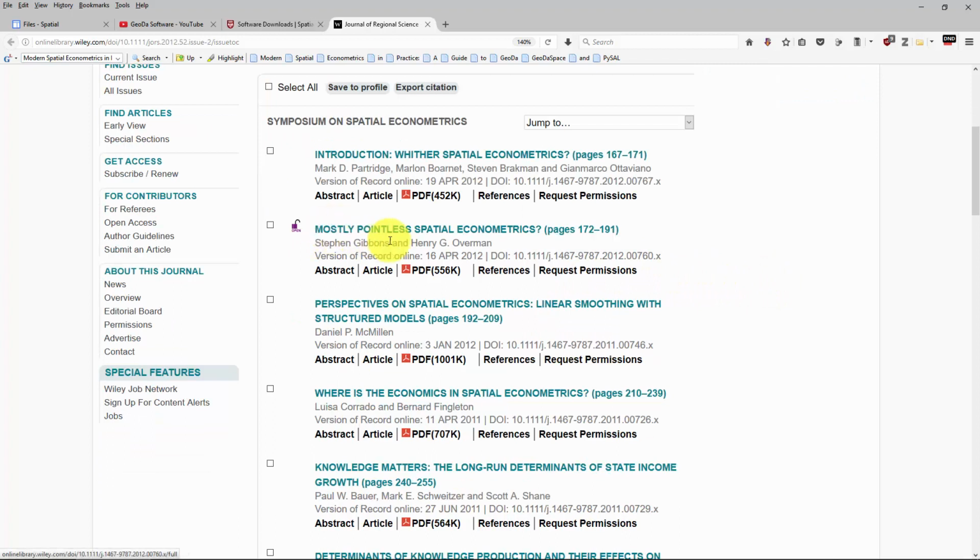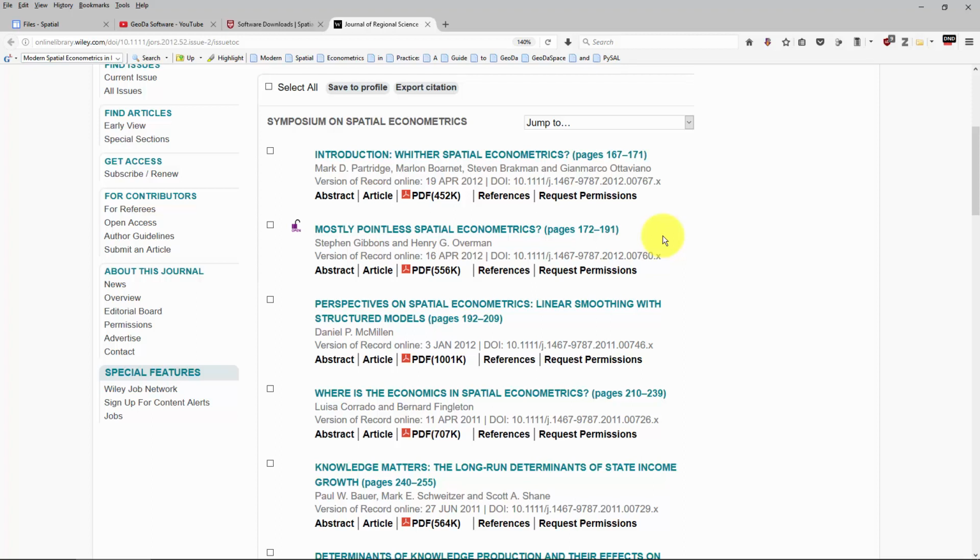Another article here is called Mostly Pointless Spatial Econometrics, which you see is open access, so you don't have to pay to get it. I really think you should take the time to download and read through this paper, Mostly Pointless Spatial Econometrics. They bring up some criticisms, including that they don't think these models are well identified.